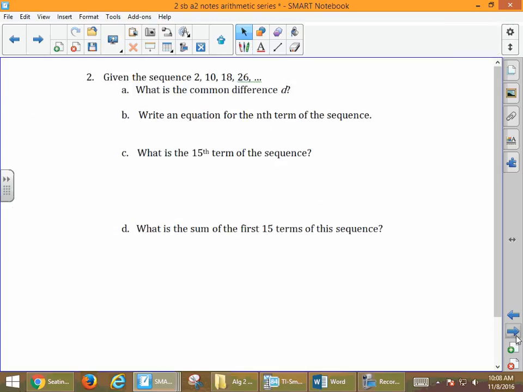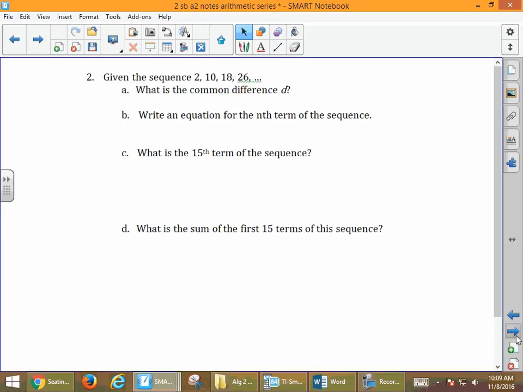So if we take a look here at this sequence, we'll write it down here in a second. Given a sequence, 2, 10, 18, 26, and so forth, what is the common difference? Well, just as a reminder, how do we find the common difference?